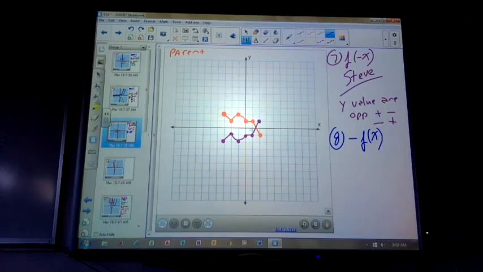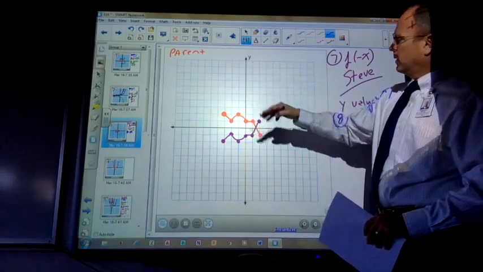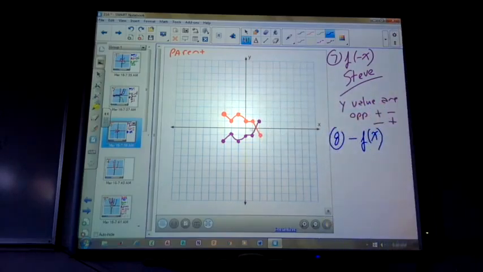No? What's different? Are the x values negative? No. Yeah, the x values are negative, so this one's flipping which way? It's not flipping. Oh, you know what we did? You know what I did?